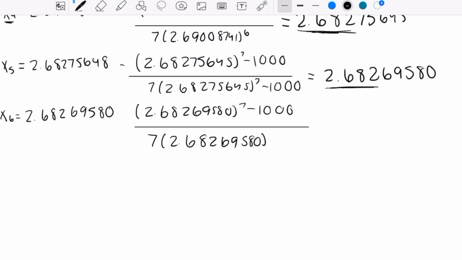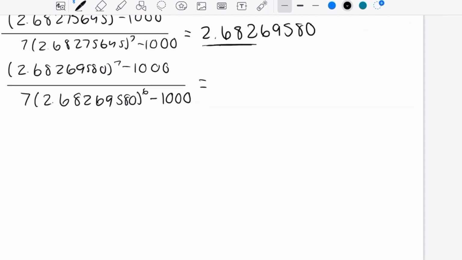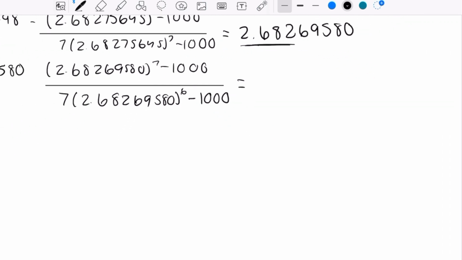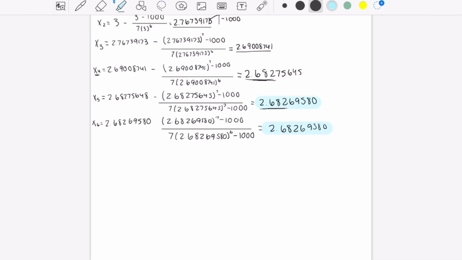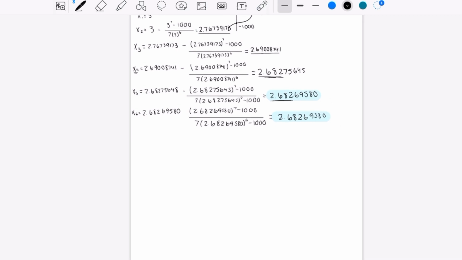So it's quite a tedious process, but just got to keep on repeating it. And we will get 2.68269580, which is the same as we got before. So they have converged.